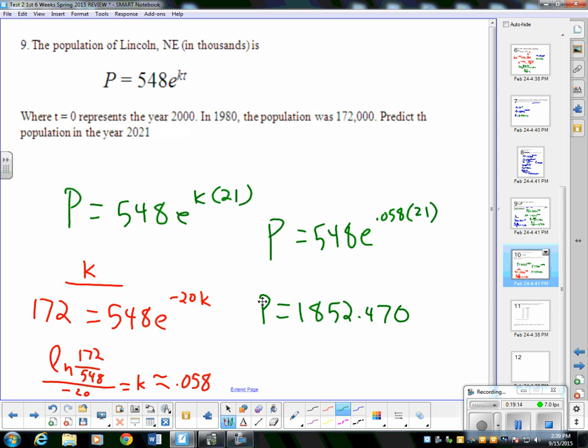Again, we talked about this earlier in an open-ended question. That is actually not a correct answer to leave it like that, because you're saying the population is only 1,852.47 people. We know the population is in thousands. So one thing to do is to write this out in thousands. So that would be 1,852,470.